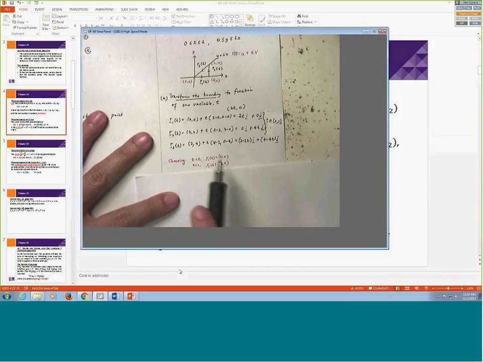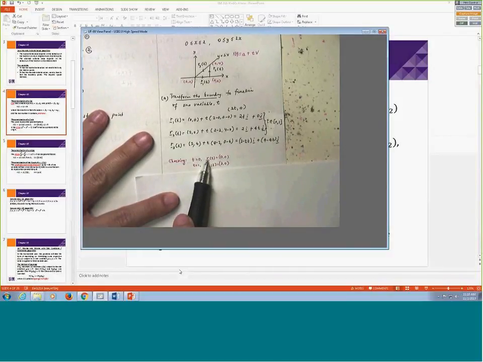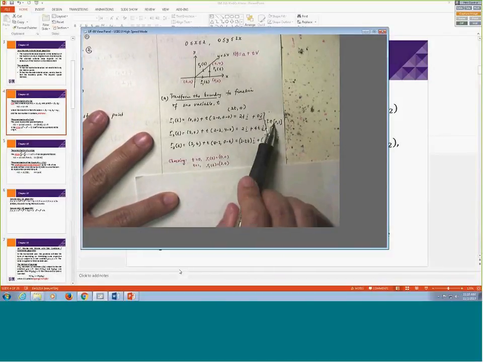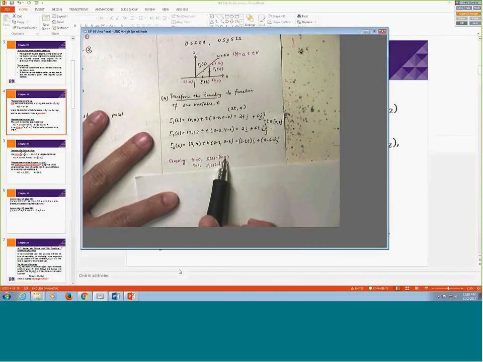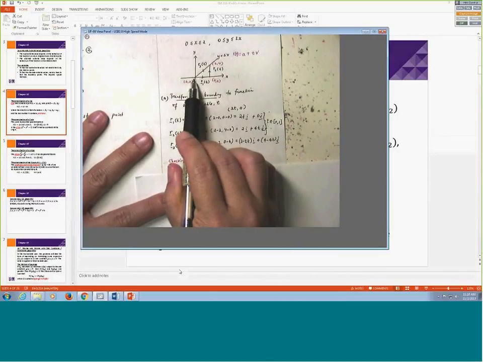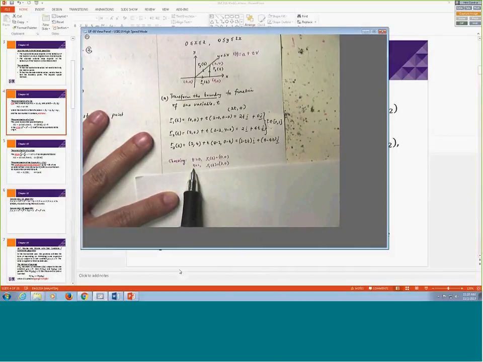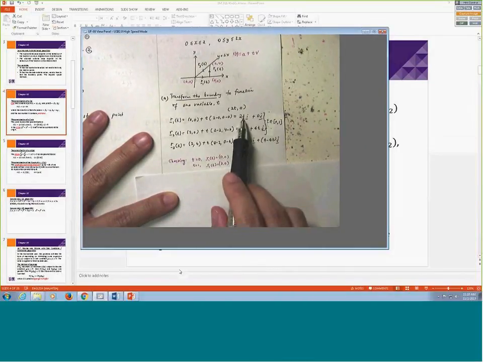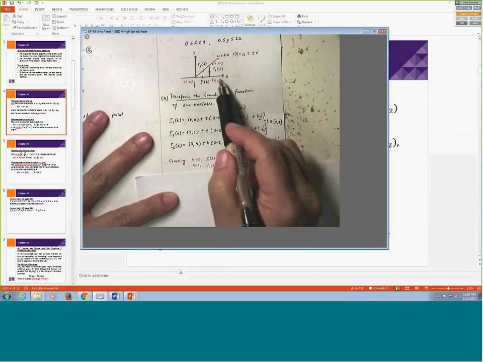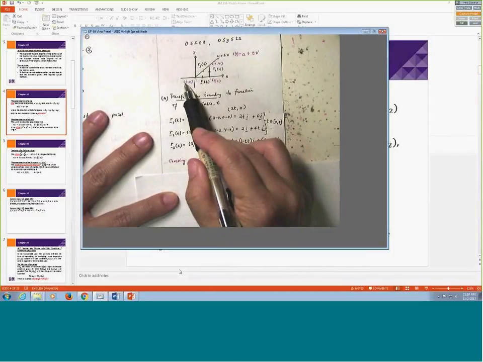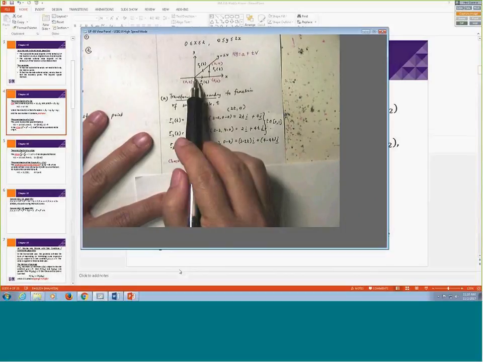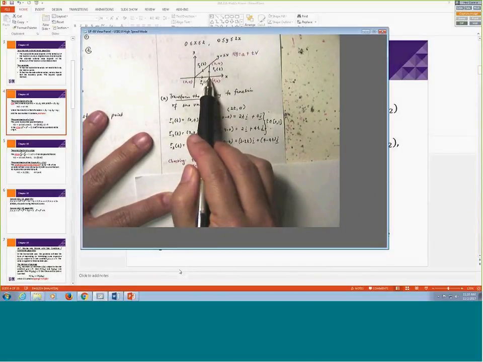For the first line, when I substitute t = 0, I get (0, 0), the first point. When I substitute t = 1 into R1, I get (2, 0). So R1 represents this line from (0, 0) to (2, 0).